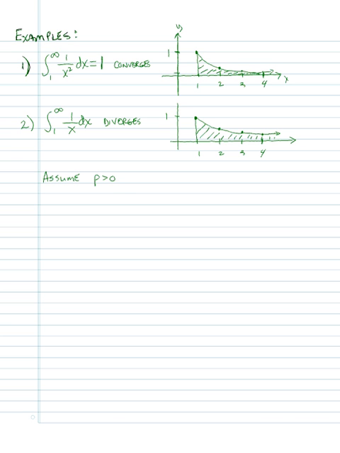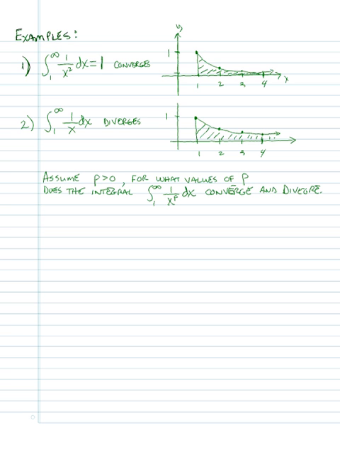And the question becomes then, for what values of p does the integral from 1 to infinity of 1 over x to the p power converge? And for which does it diverge? And for what values does it diverge?